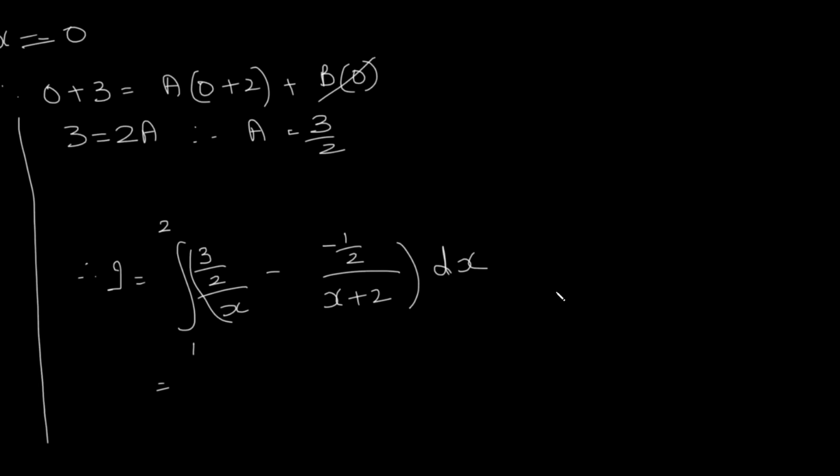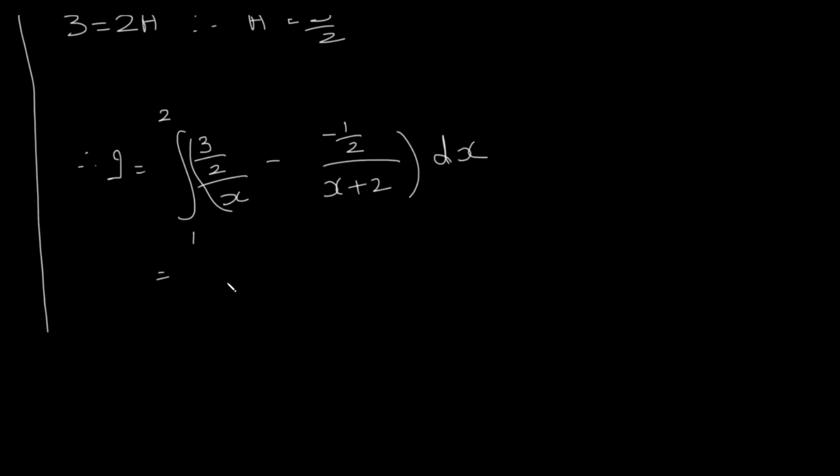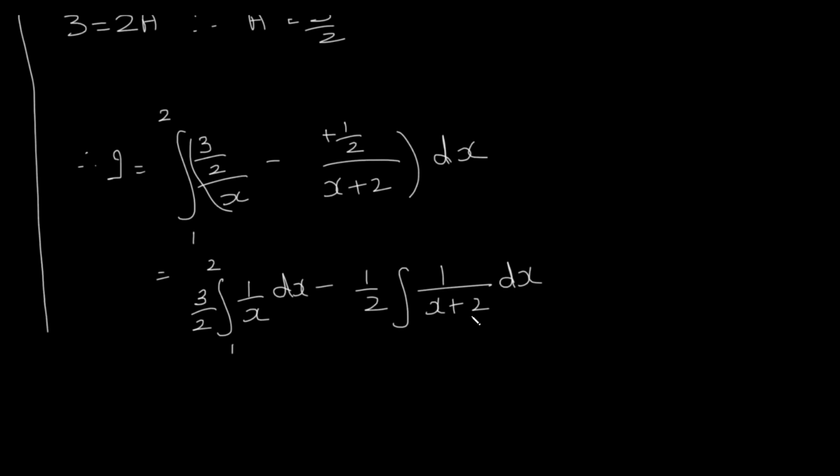Upon doing this, we can separate out the integrals over here. So we can write here 3 upon 2 integral 1 to 2, 1 upon x dx, minus, over here this minus is wrong, I already put the minus sign over here. Okay, so minus 1 upon 2 integral 1 upon x plus 2 dx. You know that integral of 1 upon x is log x.